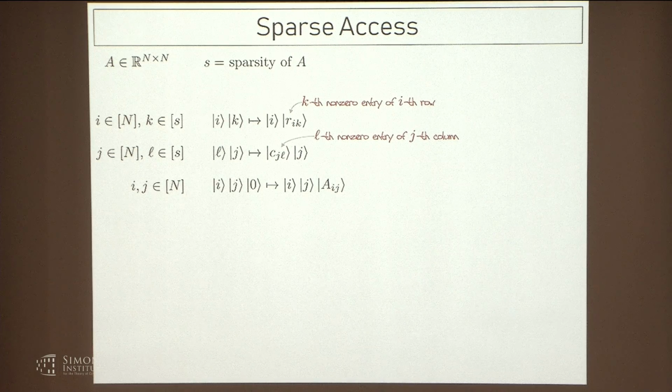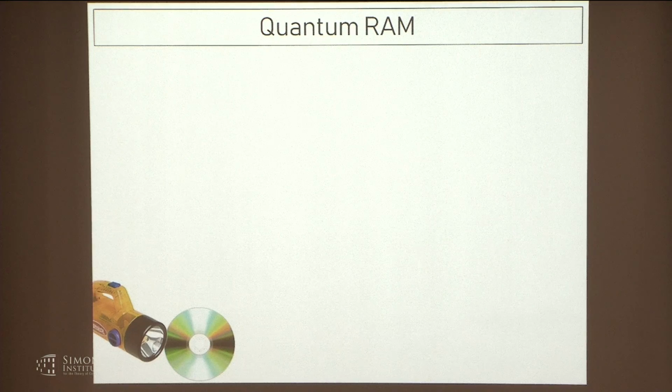Now I want to talk about a different kind of input model where we access information that is stored in a certain way in memory. So we want our quantum algorithm to be able to access some classical information stored in memory. And one way for a quantum computer to access classical information in memory would be the model of quantum random access memory.